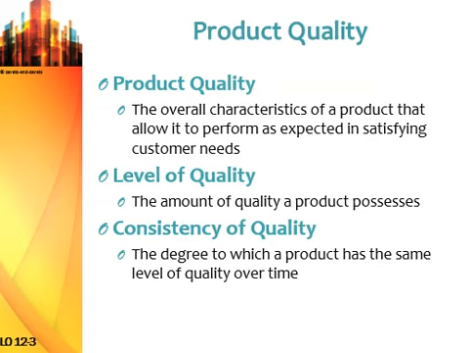The definition is that quality is the overall characteristics of a product that allow it to perform as expected in satisfying customer needs. Some products are considered to be of higher quality because they perform better than comparable products in satisfying customer needs.